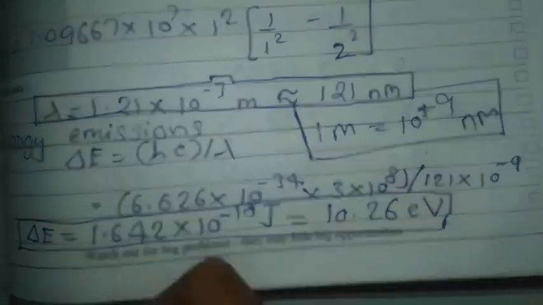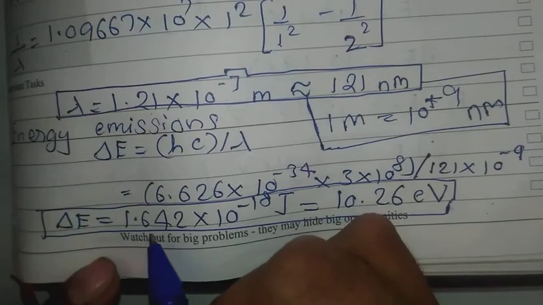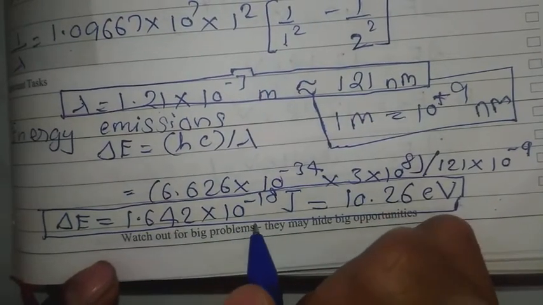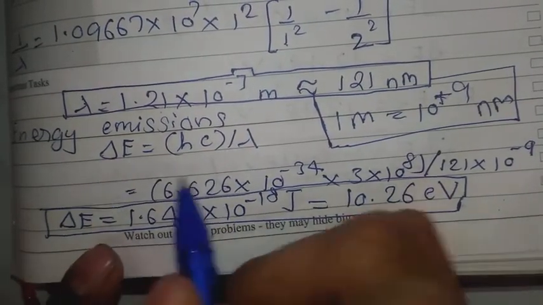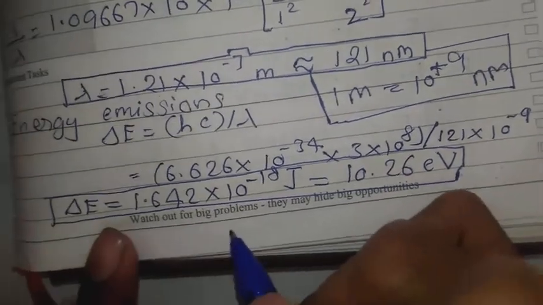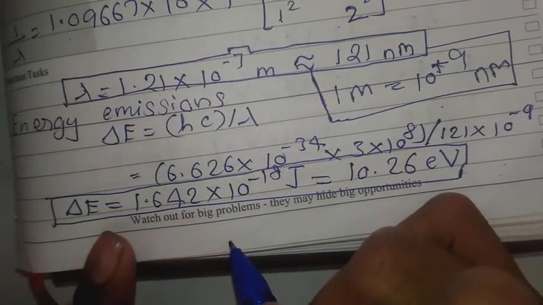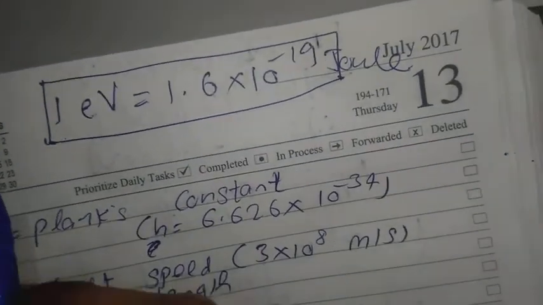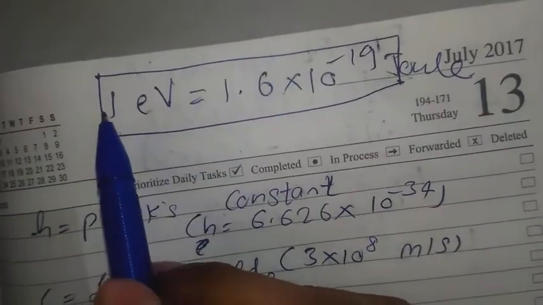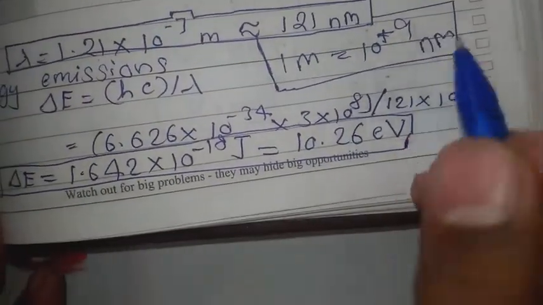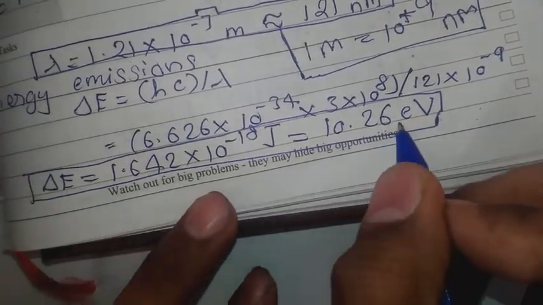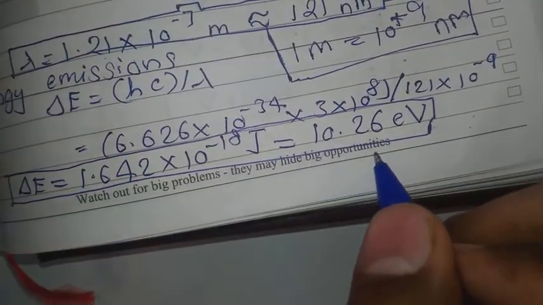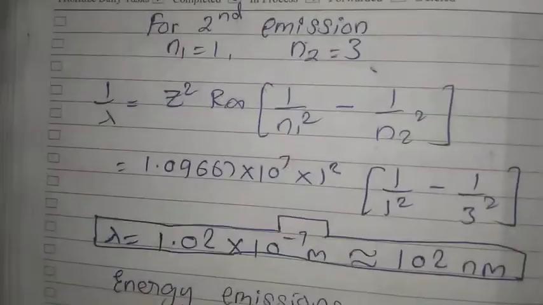So delta E is equal to 1.642 into 10 to the power minus 18 joule on solving this equation, and you have to convert this into electron volts. So by using this conversion rule, we can get the value of energy in electron volts from joules, which is equal to 10.26 electron volts.